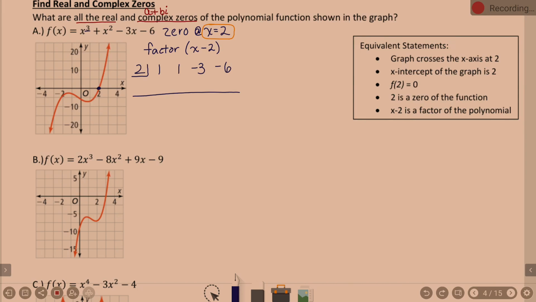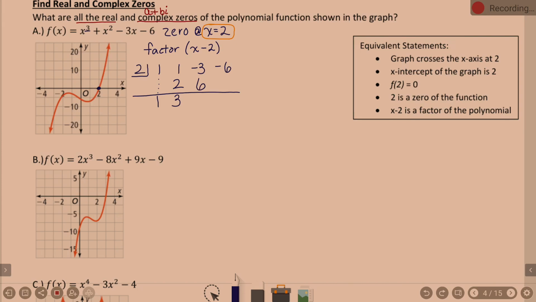Okay, do you guys remember your synthetic division? Drop the 1. 2 times 1 is? 2. Add. 1 plus 2 is? 3. Now what? Multiply. 2 times 3 is? 6. Add.